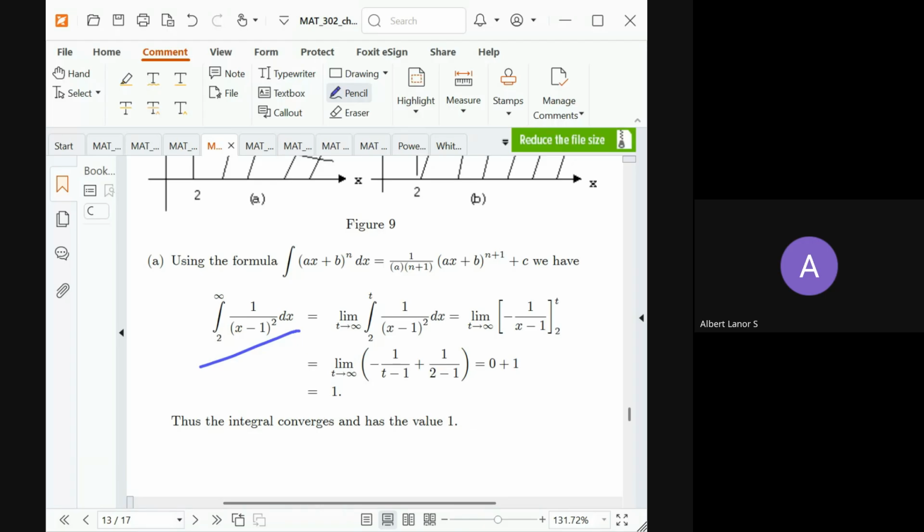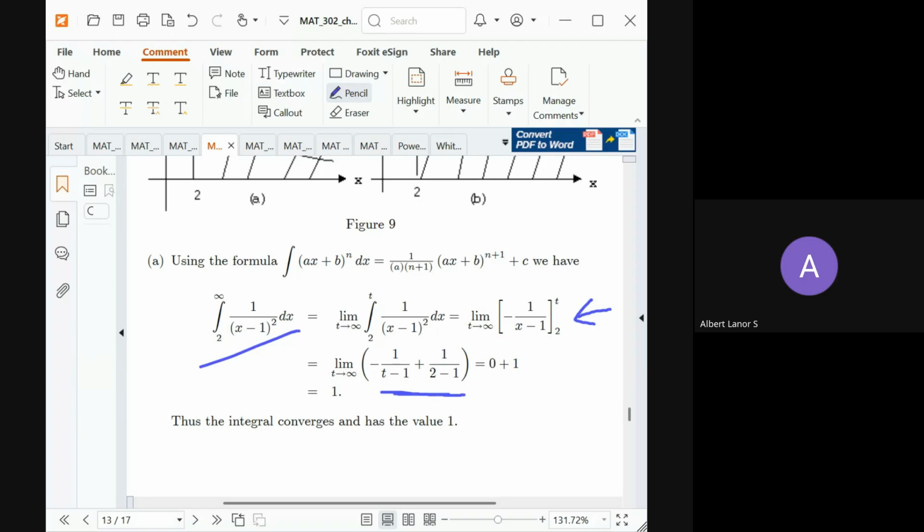Then you rewrite it properly. So you're going to have -1 over x minus 1. Then the limit is from 2 to t. So if you do, you're going to have t minus 1, then 2 minus 1. 2 minus 1 is 1. So the second part will be this one. Now, I have -1 over t minus 1 plus 1 over 1 is 1.